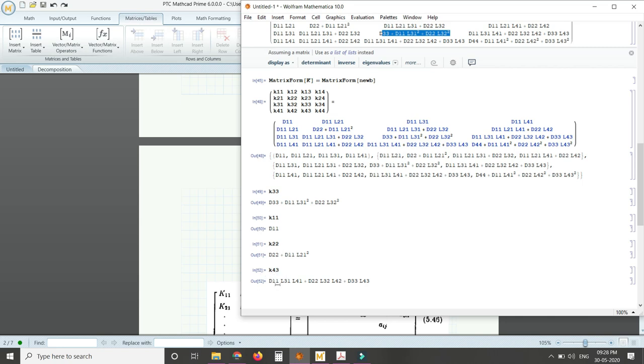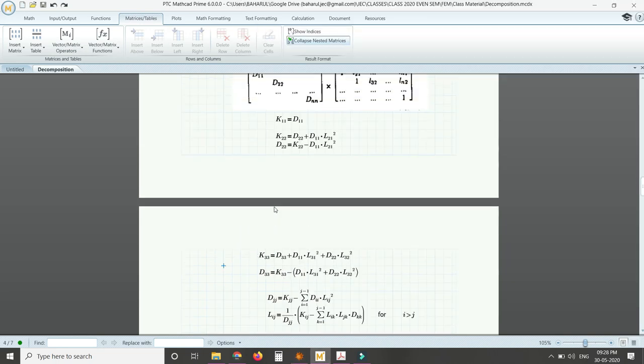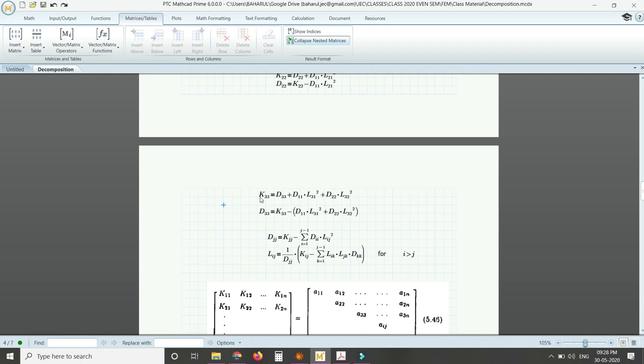Similarly for L43, everything is available. So if I write this equation in the software, suppose K33, I can write it in this form, and I can generalize this particular equation.